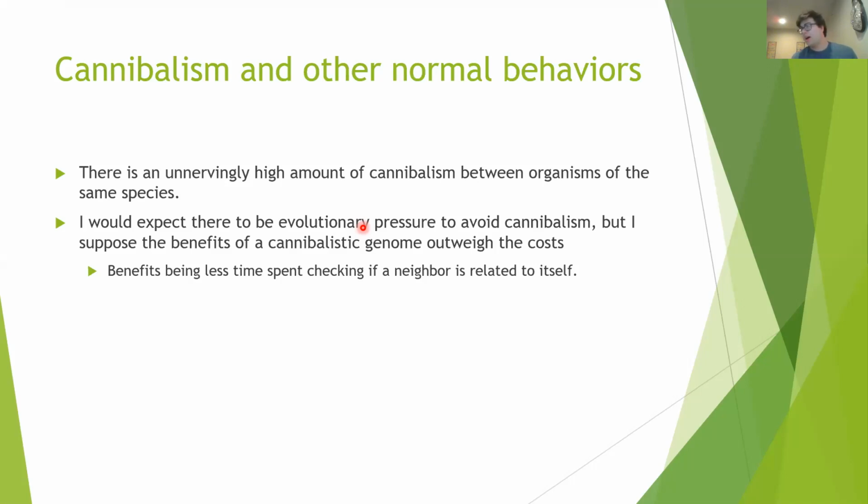But I suppose that the benefits of fast attacking, like having a quick trigger finger on the attack, outweigh the costs of potentially eating a friend. So that's a little disturbing, if you want to think of it as disturbing.